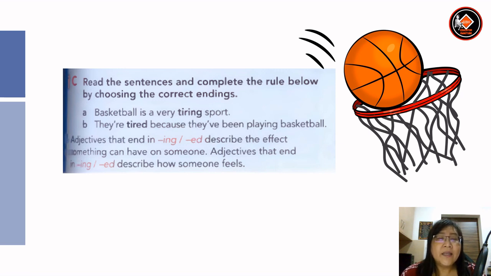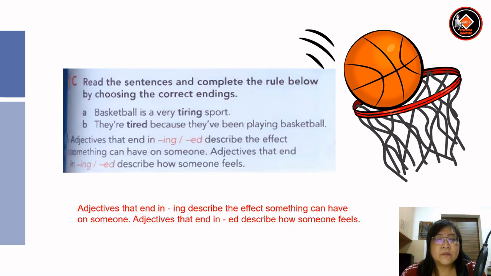Adjectives that end in -ing (tiring) or -ed (tired) describe the effect something can have on someone, or how someone feels. Okay, so adjectives that end in -ing describe the effect something can have on someone. Adjectives that end in -ed describe how someone feels.